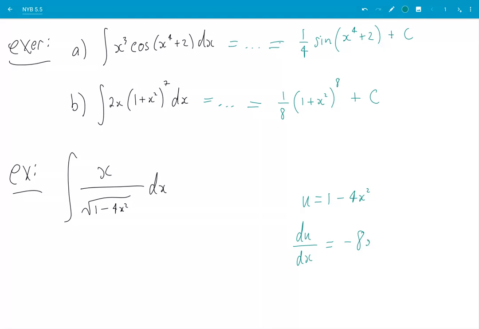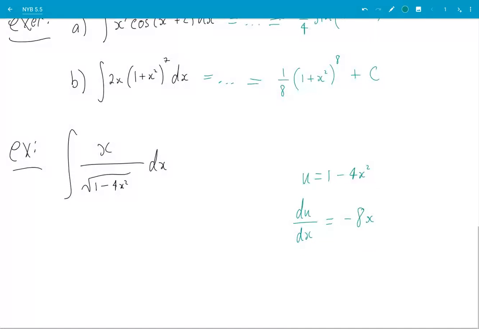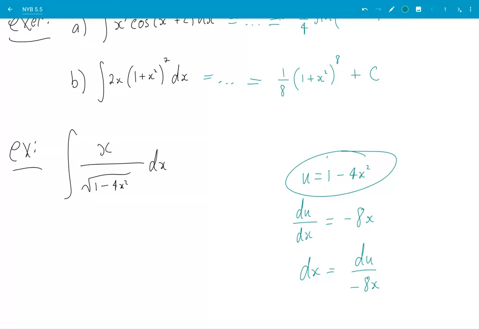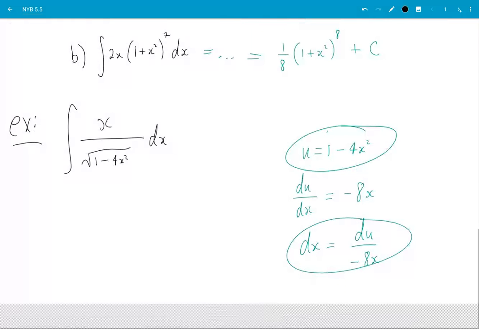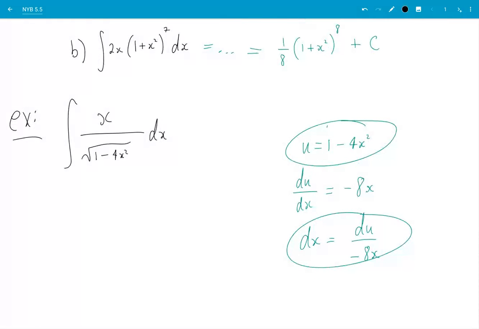Minus 8x for my derivative. Dx is du over minus 8x. Okay. Use my two circled things to simplify my integrand.